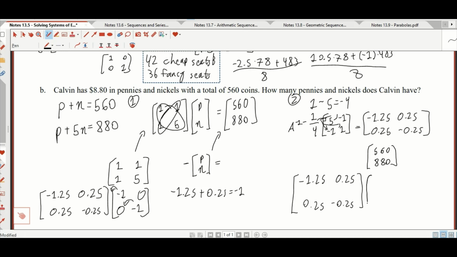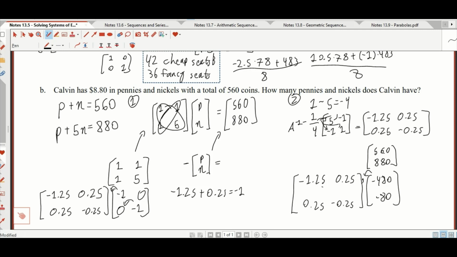So we get 560 times negative 1.25, and we're going to add 880 times 0.25, and I got negative 480. So if I do 560 times 0.25, and then I'm going to add 880 times negative 0.25, I get negative 80.